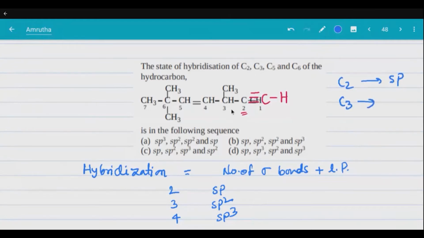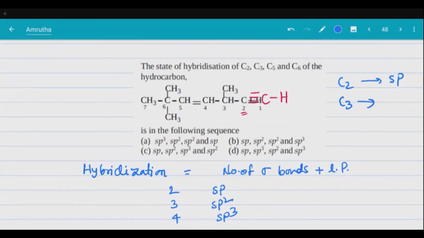For C3, how many sigma bonds? Check the structure. Four, right?